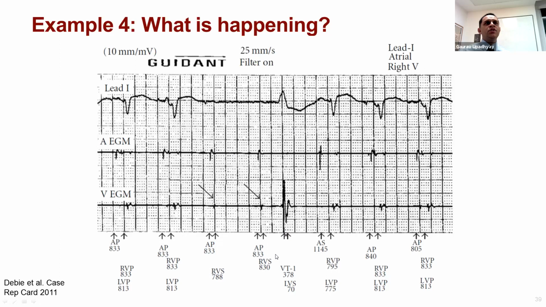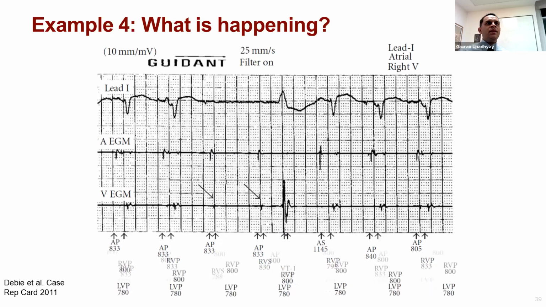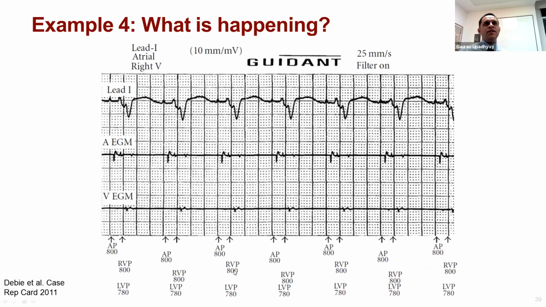So this is an unusual type of artifact. This is far field sensing of the A pace event on the ventricular channel. And fortunately, it can be easily addressed by adjusting the sensitivity of the V. But one might think that could be a problem if you have a defibrillator, right?